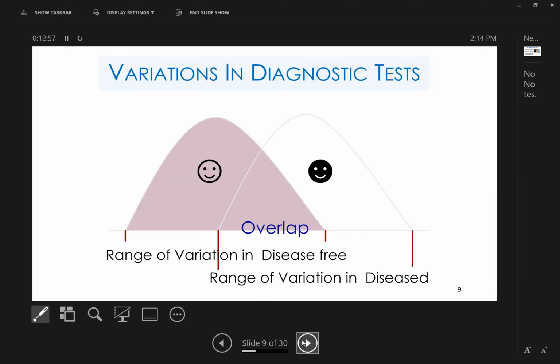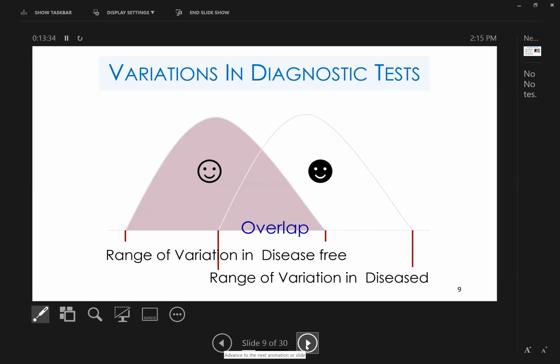These two populations will have some overlap, which is why no matter which cutoff point we use for hypertension, 140 systolic over 90 diastolic or 80 diastolic, or whatever you want to use, there will always be a risk of misclassifying some people depending on where we draw the cutoff, right? That's a cutoff that we could draw. In this case, imagine if I drew a cutoff here, there'll be a bunch of healthy people who will be called diseased, and there'll be a bunch of diseased people who will be declared as healthy, depending on where we draw the cutoff, right?